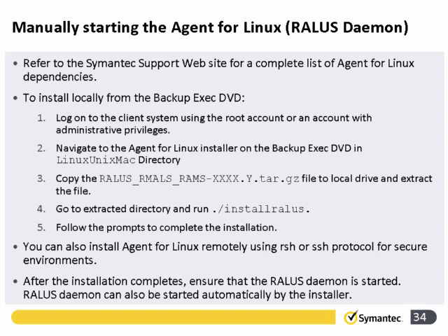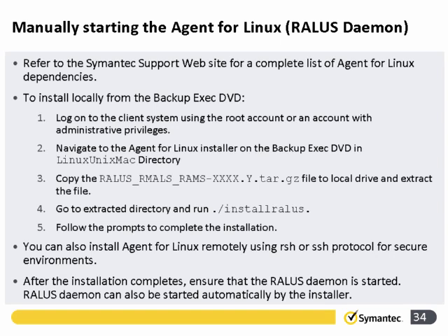To do an installation of this agent, you need to use the Backup Exec DVD or copy the files from the Backup Exec server. And what you need to run is the install Rawlus file. You'll run that with a /install Rawlus. It will give you several prompts.